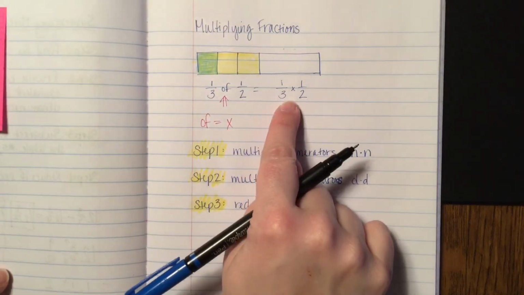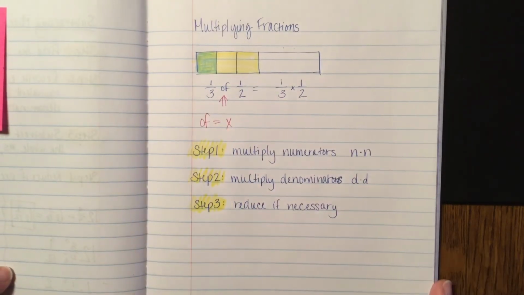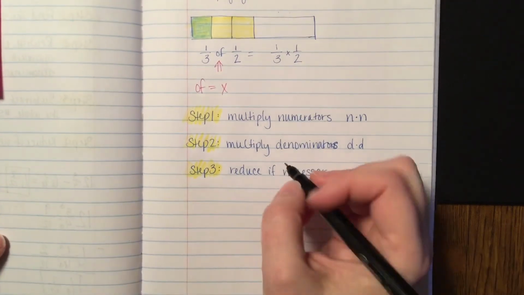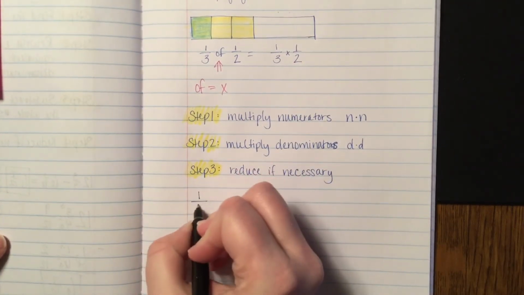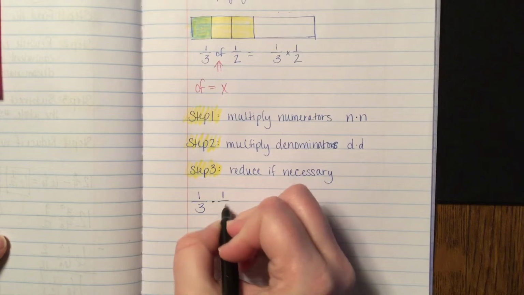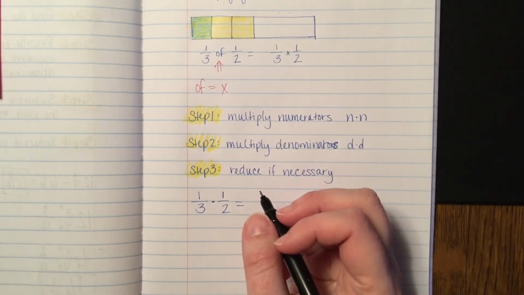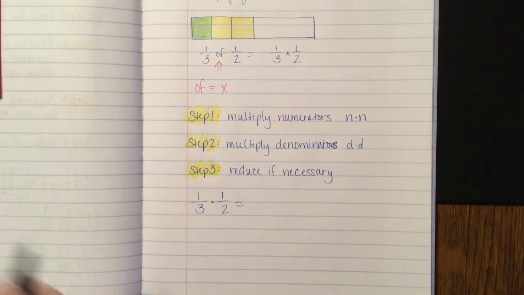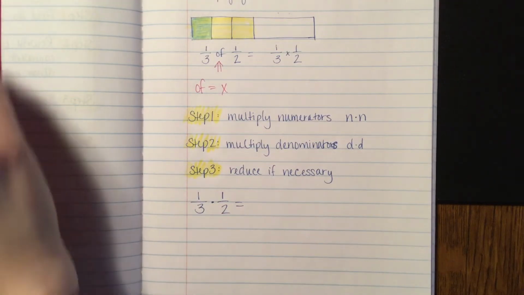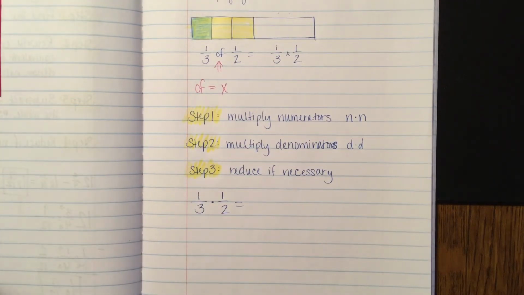So let's do this problem, 1/3 times 1/2. Remember, we are multiplying numerator times numerator. I'm going to do it in different colors. Here we go.